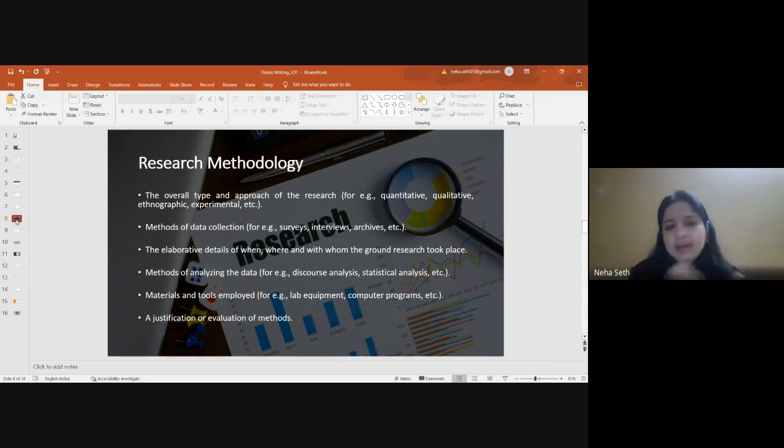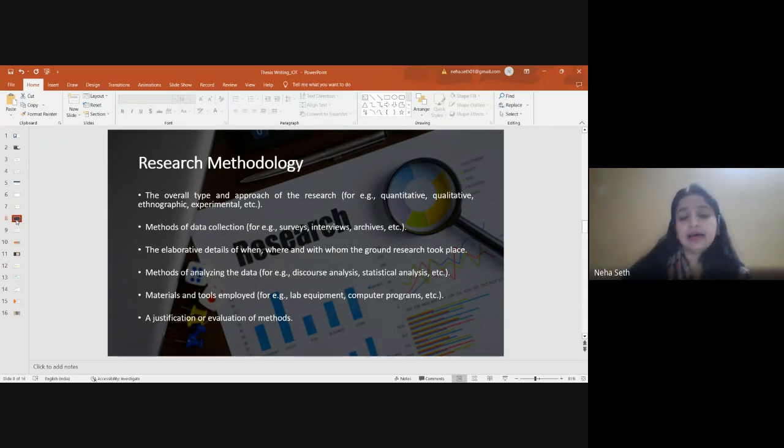I'm talking in the context of social science research majorly, so whether it is a survey method or an interview method, or you are just using existing things like archives for collecting the data. So what method you are using for data collection is also mentioned in this particular chapter.